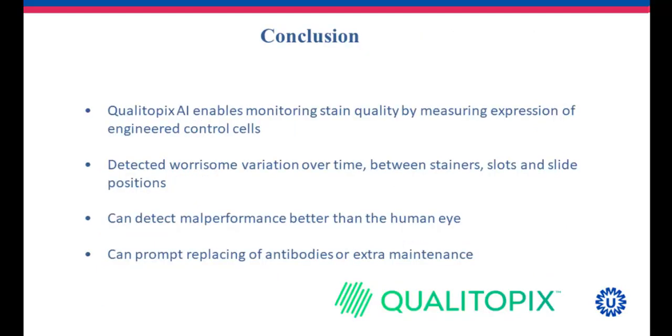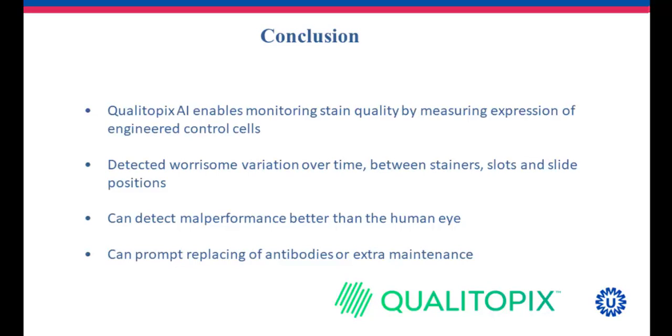So to come to a conclusion, I think I've shown that the Qualitopix AI algorithm enables monitoring stain quality by measuring expression of engineered control cells. In our hands, this detected some worrisome variation over time between stainers, between slots within the same stainer, and also with regard to slide positions of the control cells.